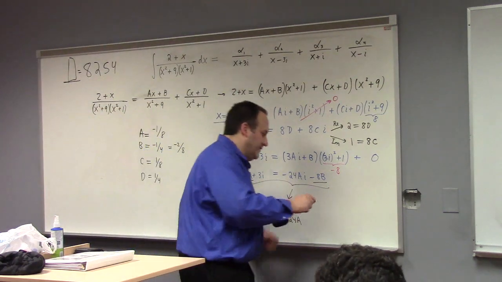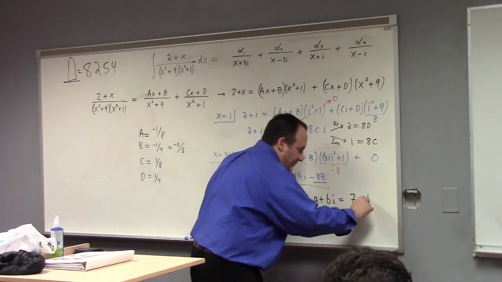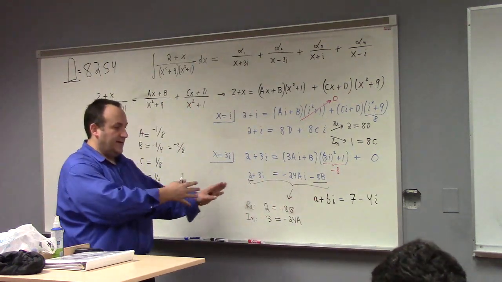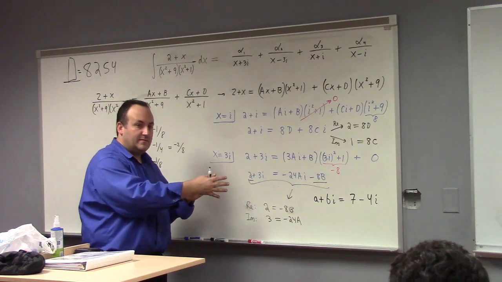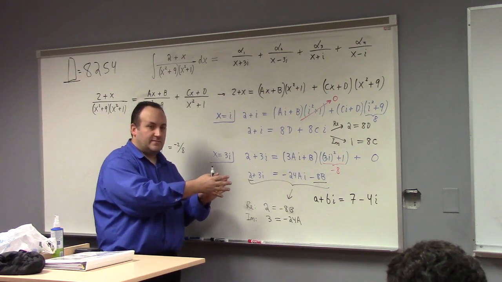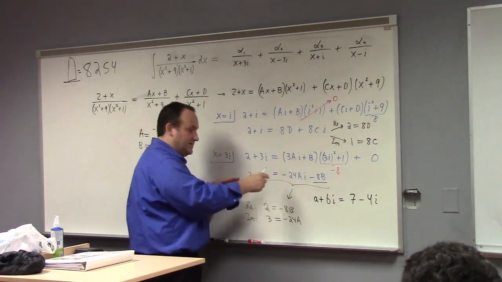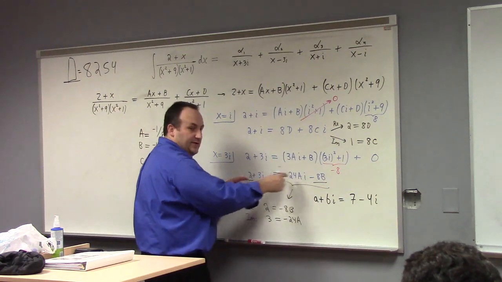Take this for granted when we write something like a plus bi is equal to 7 minus 4i. From that you can read a equals 7 and b equals minus 4. That's unambiguous. That's an inevitability. And the same is true for these equations. So I can equate the real part, and I can equate the imaginary part.